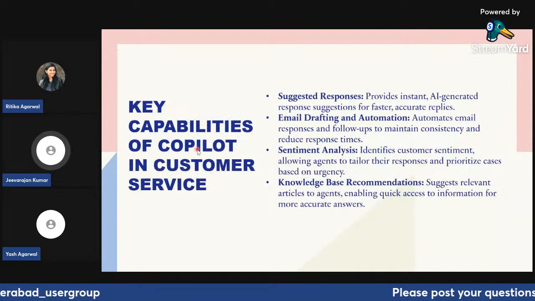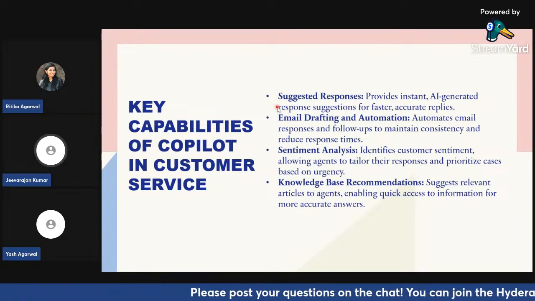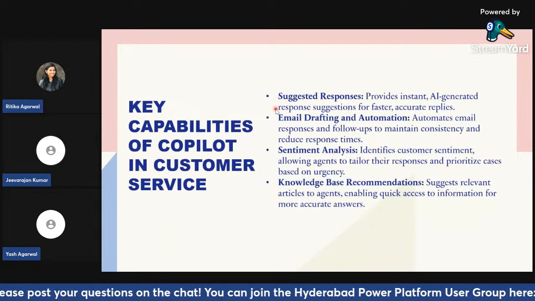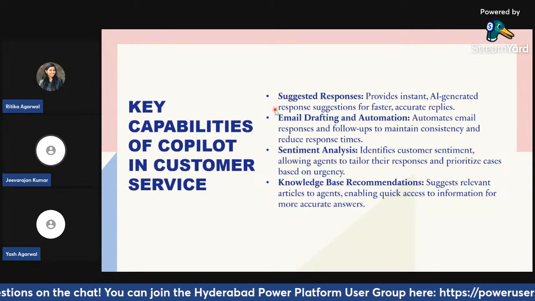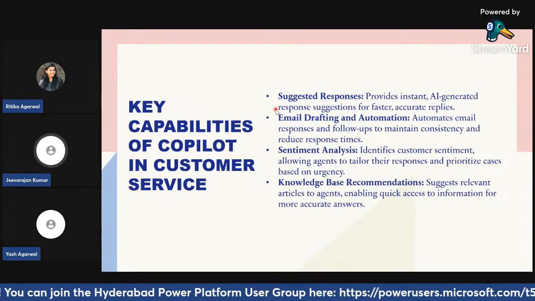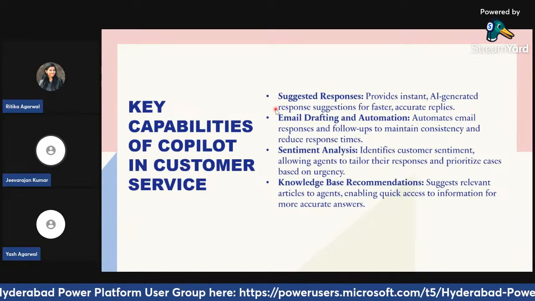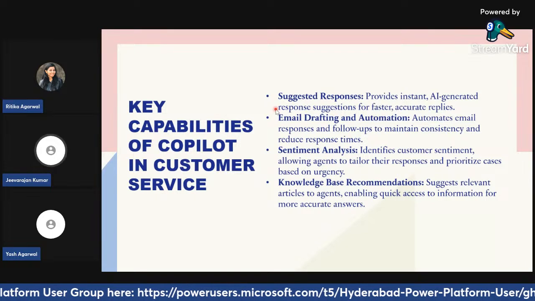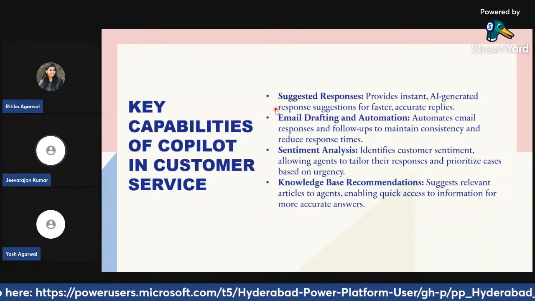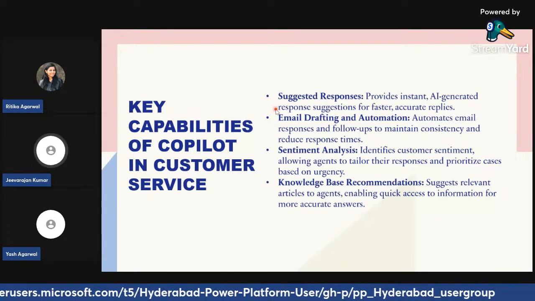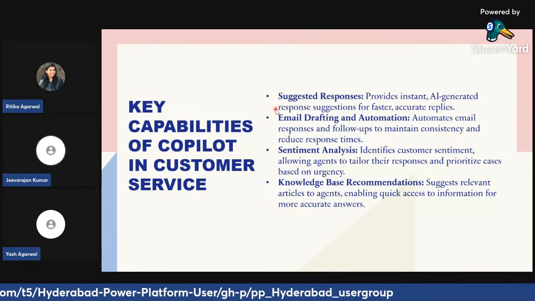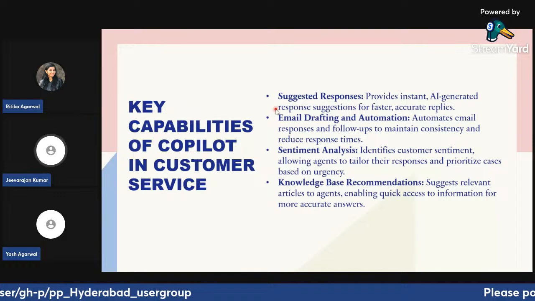And then if I talk about the key capabilities of Copilot in customer service, the first thing would be suggested responses, which, in the case summary or in the email, you can see brings instant, AI-generated content. As we all know, customer service is all about delivering quick, accurate, and personalized support to customers, and this is where Copilot steps in as the game changer. It supports the agents by providing intelligent responses and even suggesting actions based on the customer interaction.